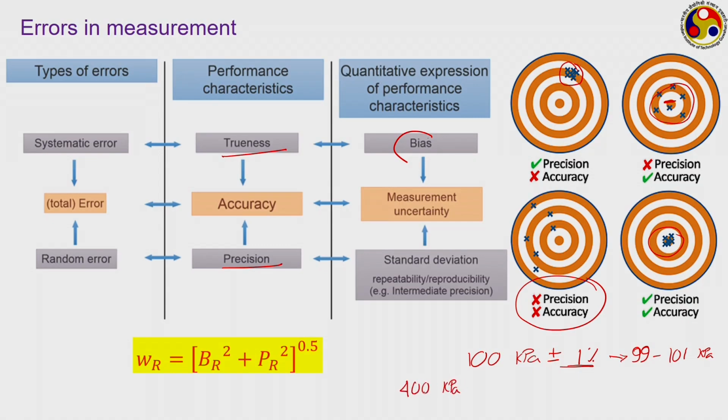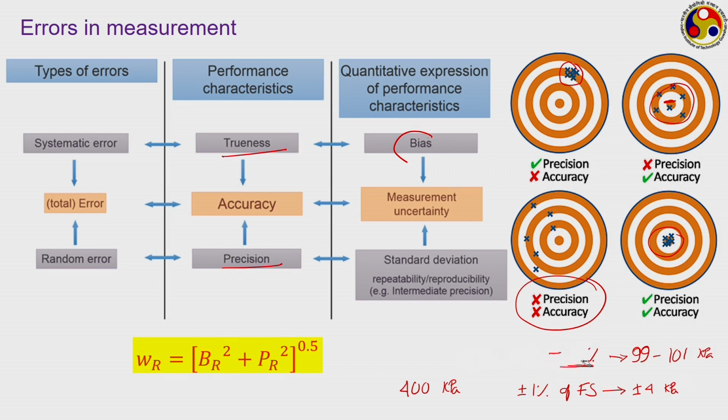So, its full scale or the maximum value it can record is 400 kilopascal, and if it is having plus minus 1% error of this full scale, that means the error that it may encounter is 1% of this maximum value, that is plus minus 4 kilopascal, and that is fixed for any value that you are trying to measure.